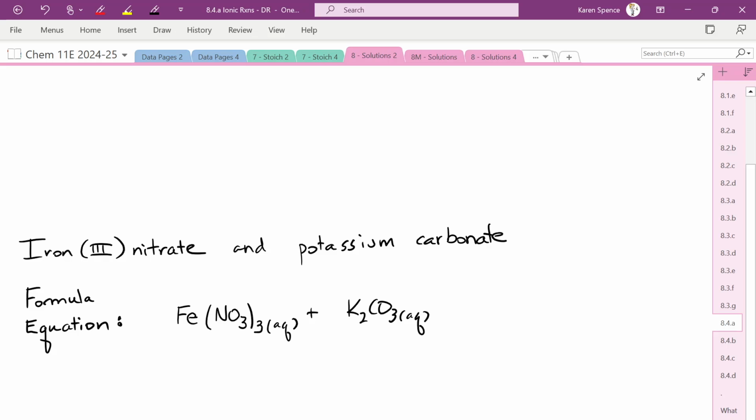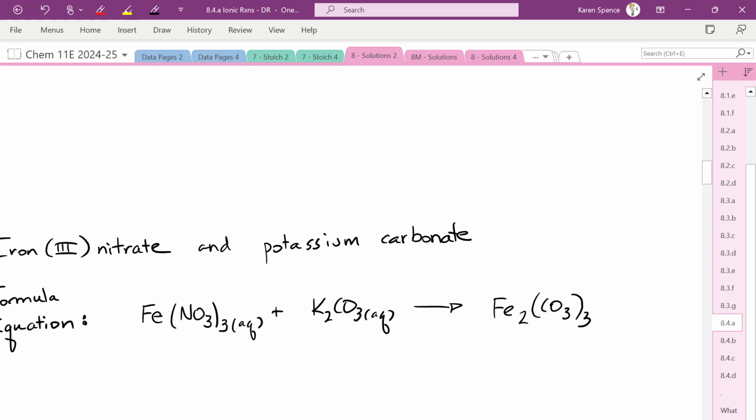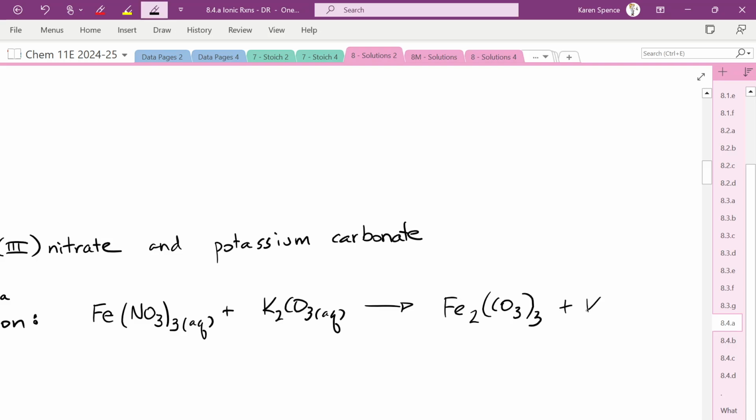Actually, we should maybe do that together because we do have to talk about subscripts and coefficients. Okay, so we would end up with Fe2(CO3)3 plus KNO3, and we need 2 Fe's and we need 3 CO3s, which means we need 6 of those. This is our solid, and that one is aqueous.